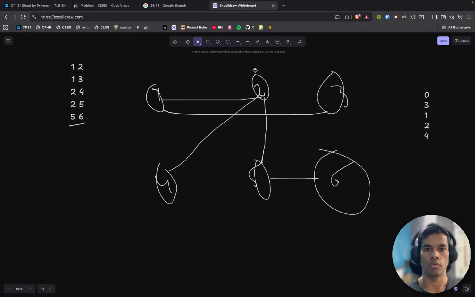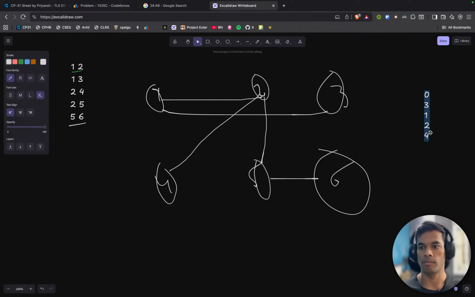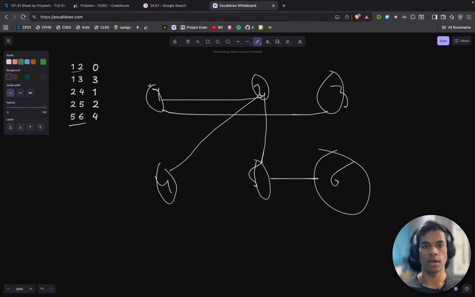Okay. So for the first connection 0, 1, we can put this here. Cool. So for the first connection, weight is 0. Then for 1, 3, we have weight equal to 3.